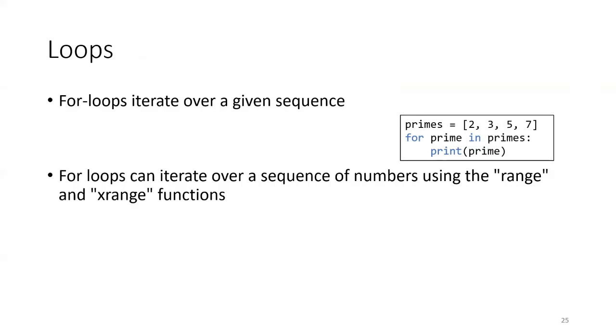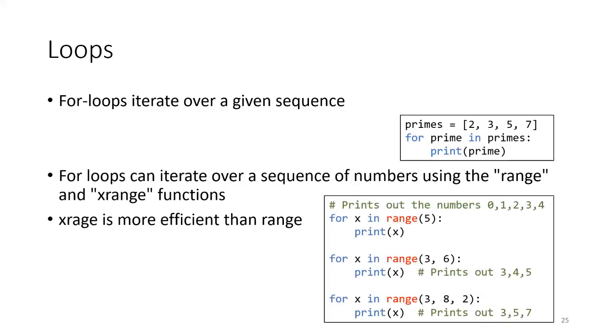With for loops, we can use two functions that are called range and xrange that iterate as well. They iterate over a sequence of numbers. Xrange is more efficient than range, so you can use them in this case.